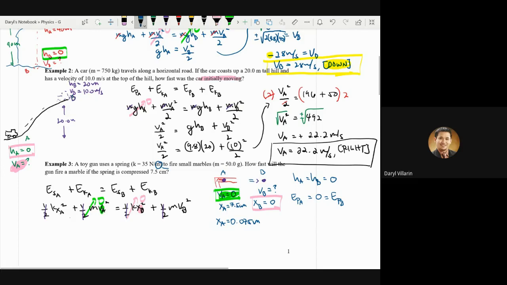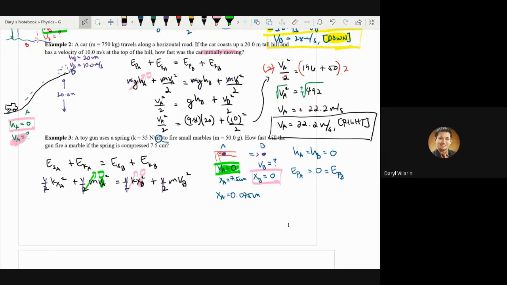So basically, you can have the expression k x_a squared is equal to m v_b squared, over 2. If you can see here, you cannot disregard the mass quantity, because the other side doesn't contain mass.